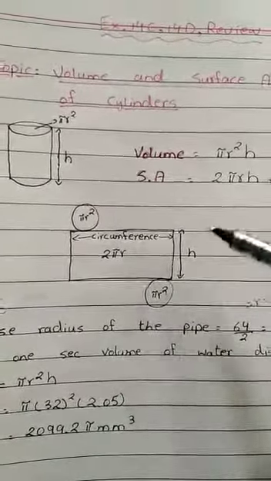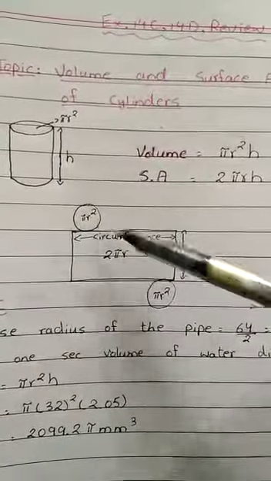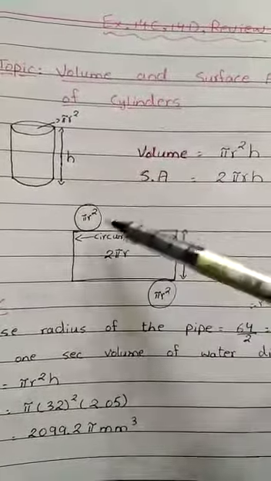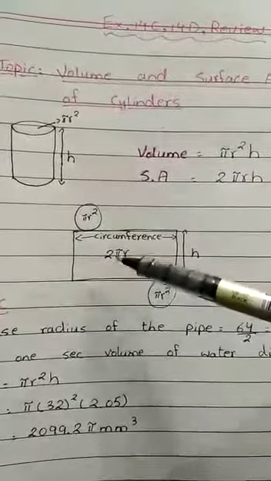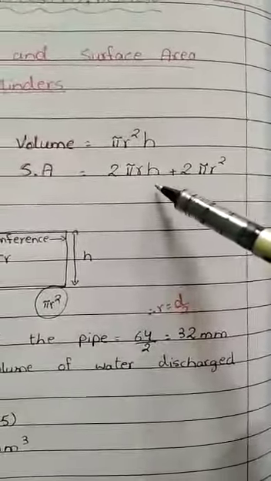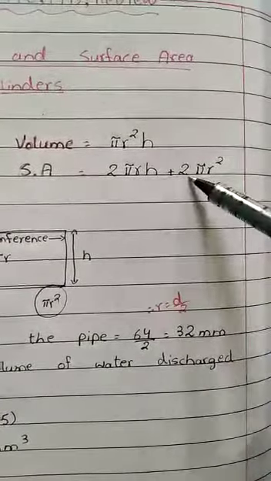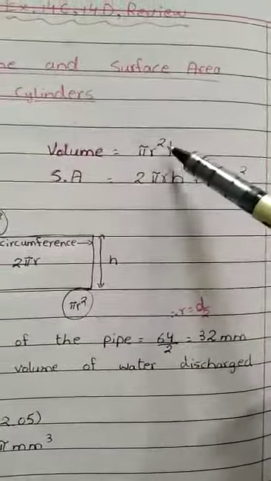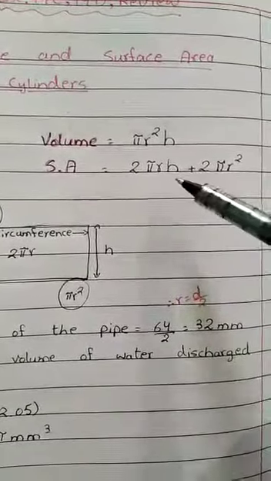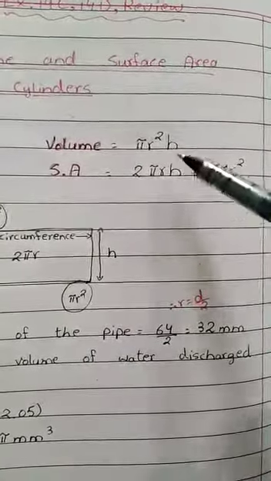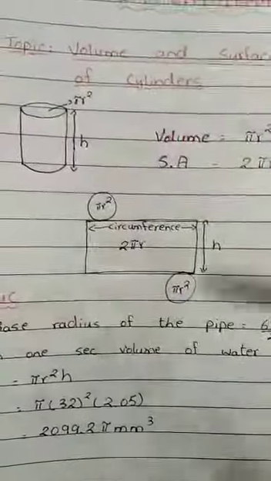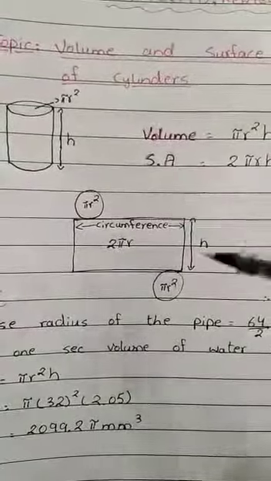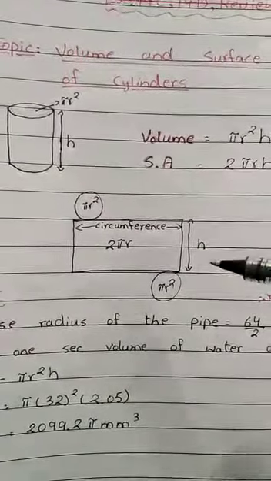So the surface area becomes pi r square plus pi r square, or 2 pi r square, plus 2 pi r h. So the surface area of a cylinder is 2 pi r square plus 2 pi r h. In this way you can find the volume and surface area of a cylinder by using these two formulas.